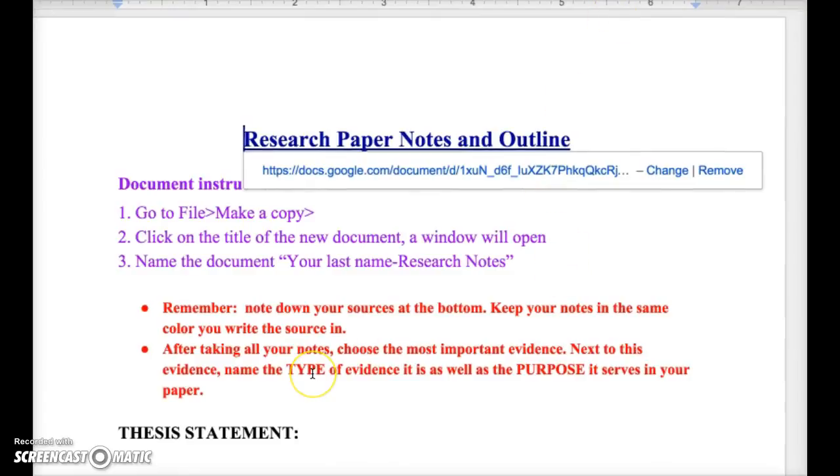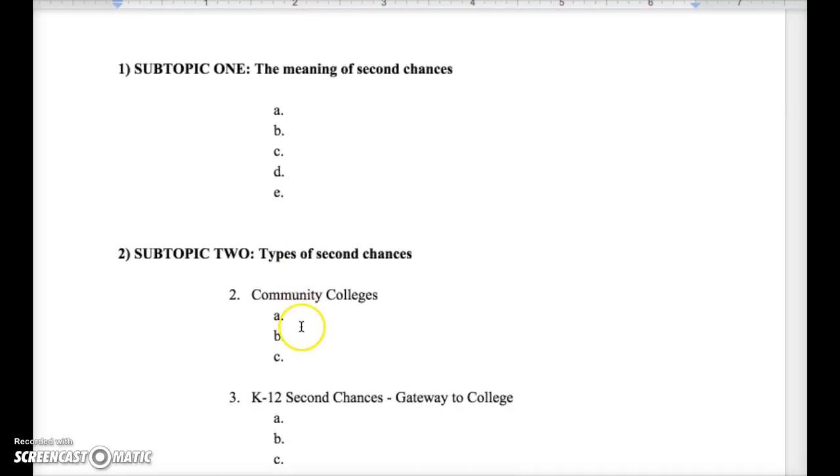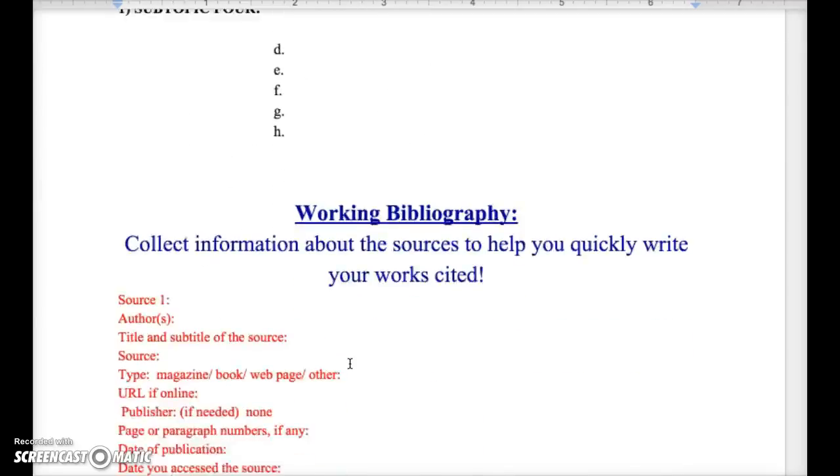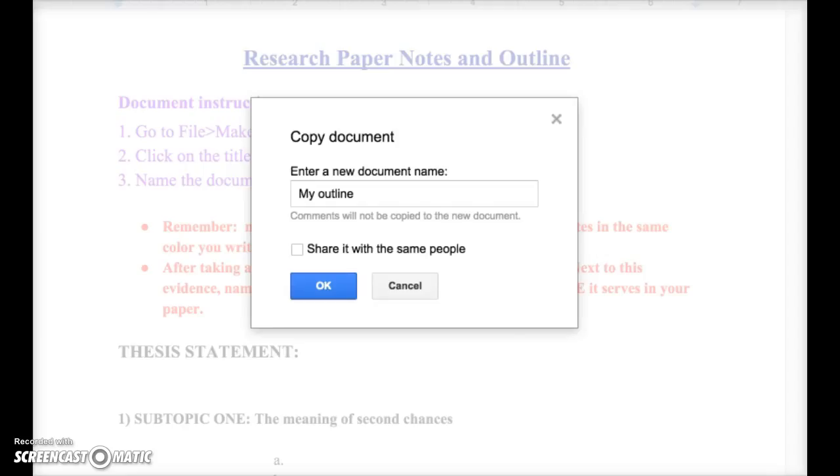So that's what you need to do for your notes and your outline. Gather evidence, compile it under different subtopics, and write down all of your works cited information in different colors. This will help you stay organized, okay? This is probably the most important step of the research process.